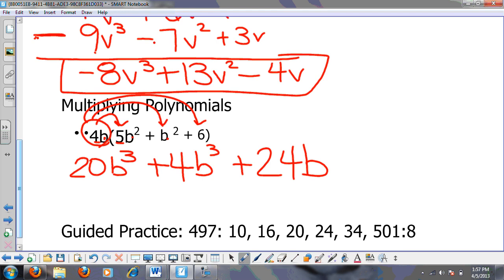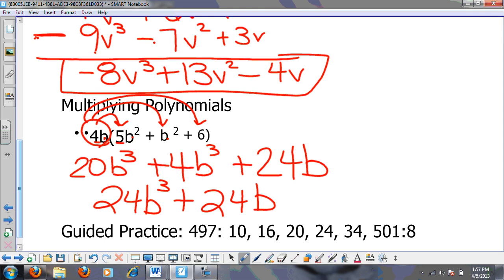Do I need to combine some like terms here? Absolutely. 20b cubed plus 4b cubed, right? That becomes 24b cubed plus 24b.